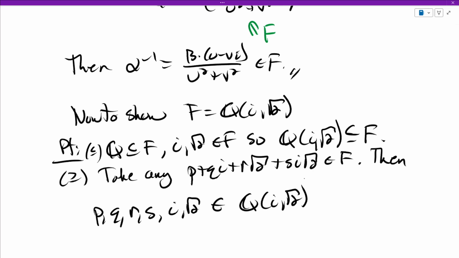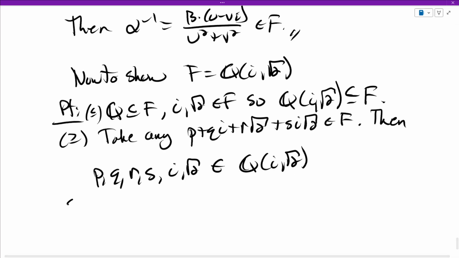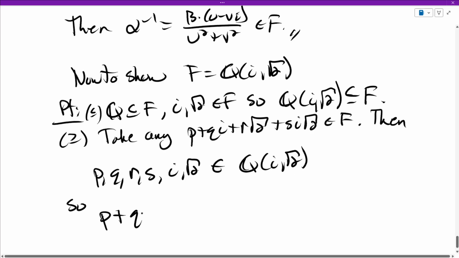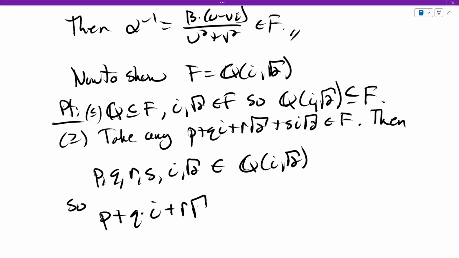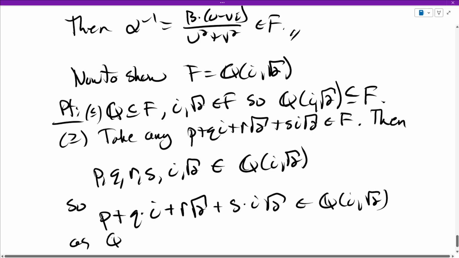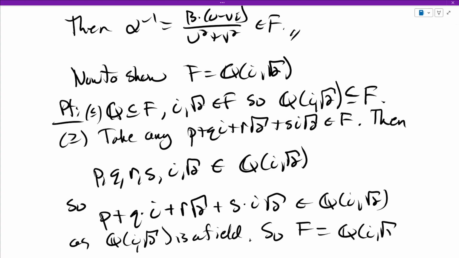So we get that last term. And any way of multiplying them and adding them together stays in that set. So p plus q times I is in that set, plus r times root 2 is in this field, plus s times I root 2 is certainly there, because this guy is a field. So it must be that they're equal. This is the other containment.